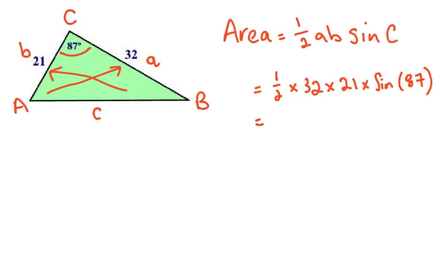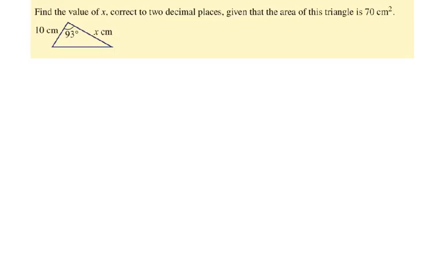The reason we can put this all in one go and not have to do bits and pieces like we had to do with our cosine rule is because it's all being multiplied. Therefore the answer is going to become 335, and I'll go to 2 decimal places, 0.54. This then becomes the area of this triangle. So let's have a look at the next slide.